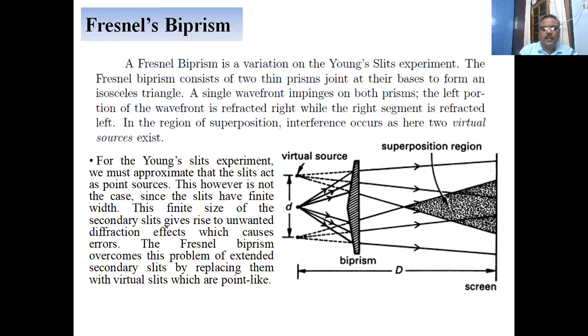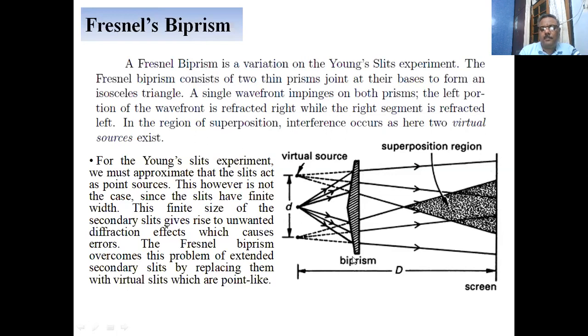But in practice, since the slits have a finite width, they can't be treated like a point source. So this kind of device was designed, and as you can clearly see, these virtual sources can be assumed to be point sources.